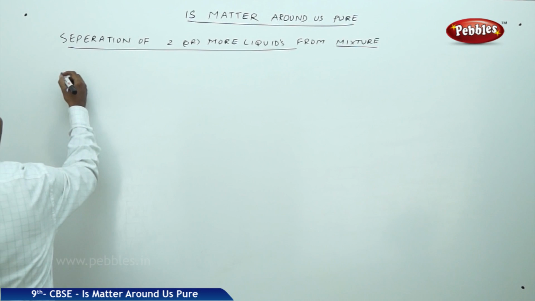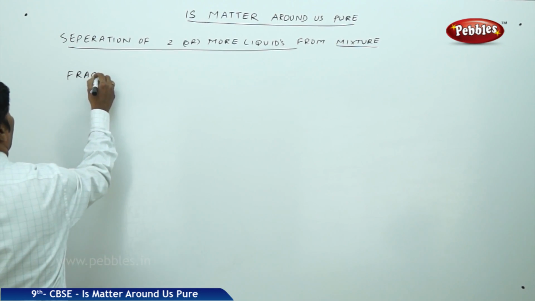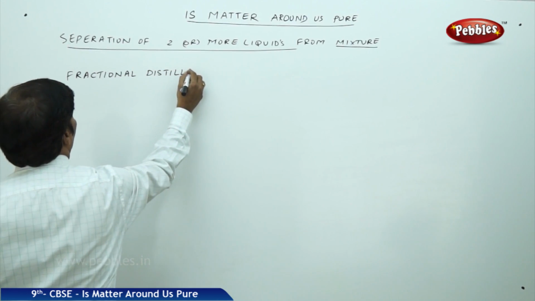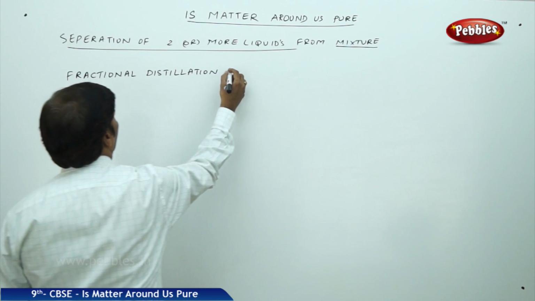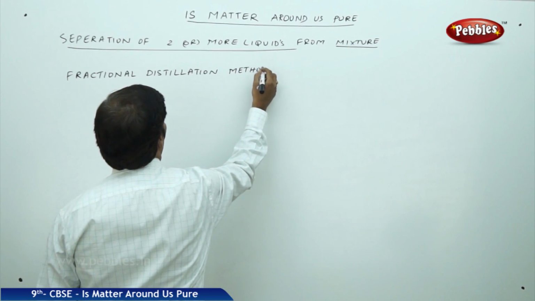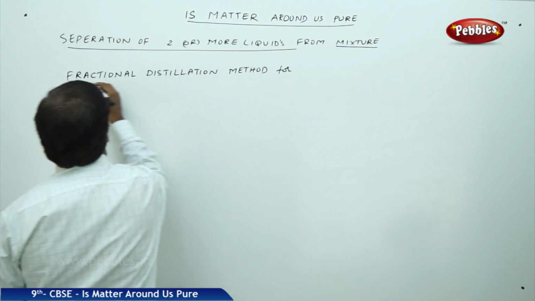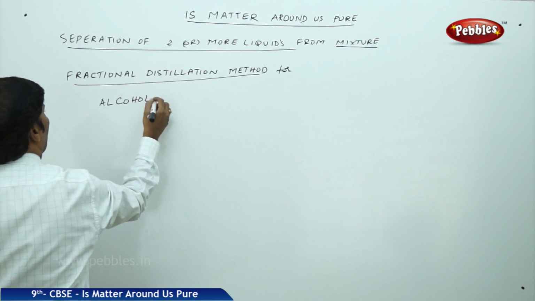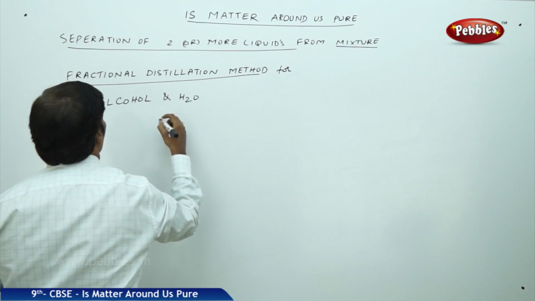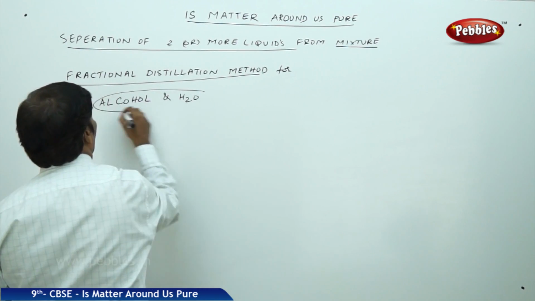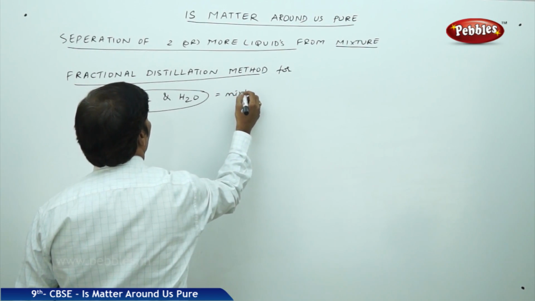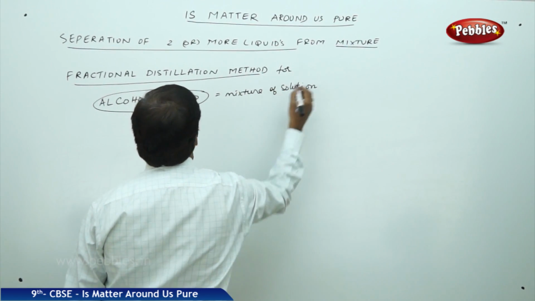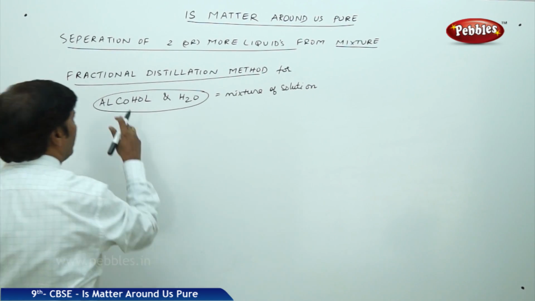So here let us apply the fractional distillation method for alcohol and water mixture of solution. Because both are liquids, we are trying to apply the mixture of solution in the form of alcohol and water.